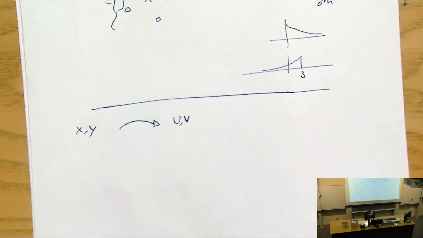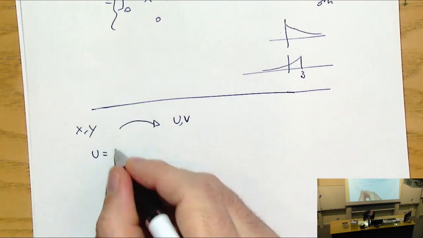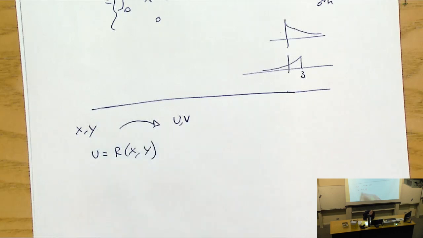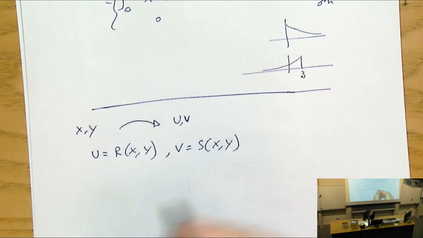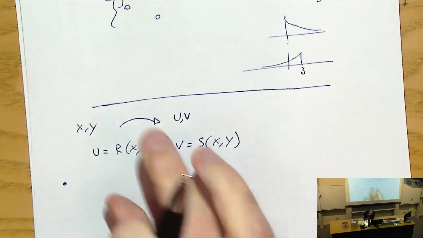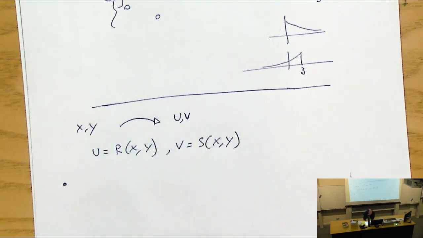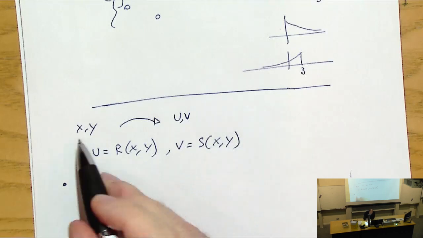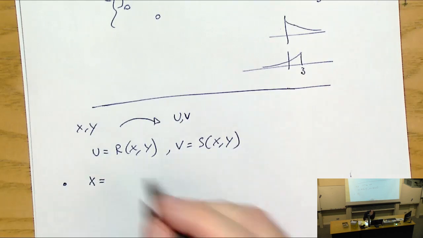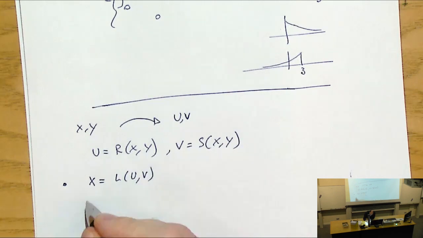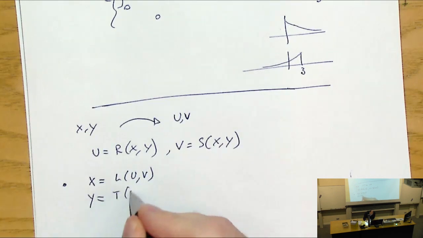Well, we can, under two conditions. If we have a clear relationship between those, I can write u as, for instance, a function r of x and y, and v as a function s of x and y. If I can invert that relationship, so that there is a one-to-one relationship between x, y and u, v, so I can write the opposite and say x is a function l of u and v, and y is a function t of u and v.